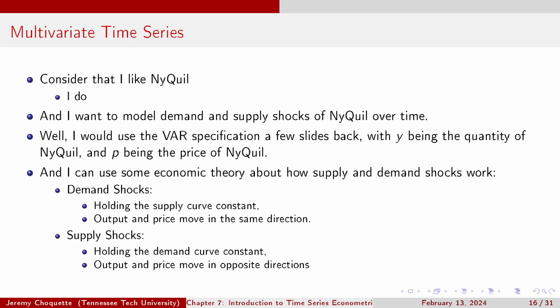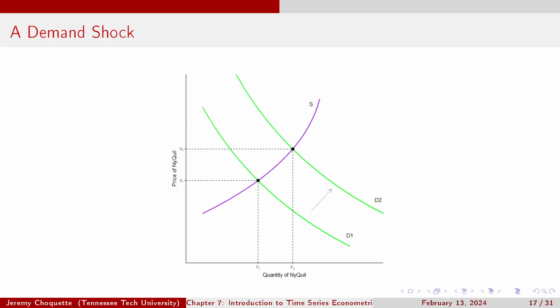For a supply shock, you're holding that downward sloping demand curve fixed, and output and price would thus be moving in opposite directions if supply increases. So for a demand shock, if we go from D1 up to D2, holding this upward sloping supply curve fixed, the demand curve shifts out along the supply curve, so the new equilibrium output and price would be increasing.